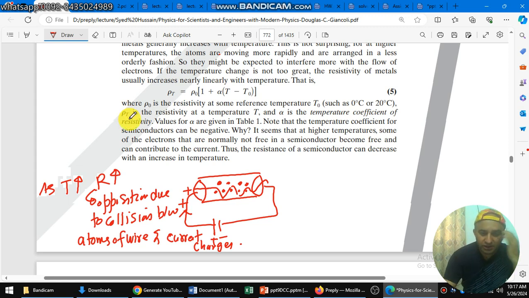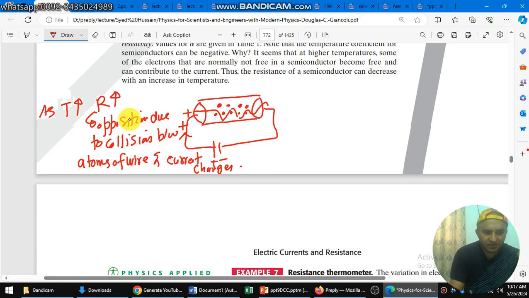When we increase the temperature, these atoms move at a faster rate, their speed increases, because temperature depends on the kinetic energy of these particles. As temperature increases, the kinetic energy of atoms in the wire also increases, so they move more rapidly.